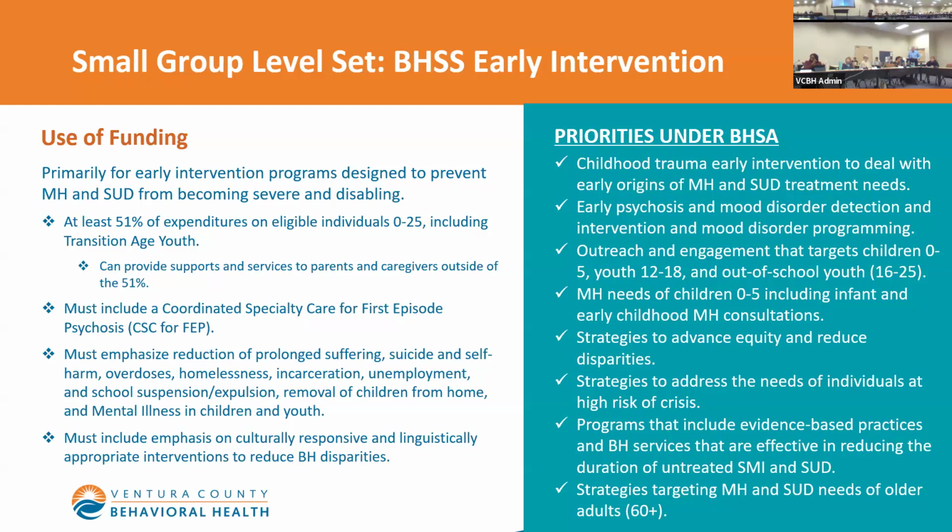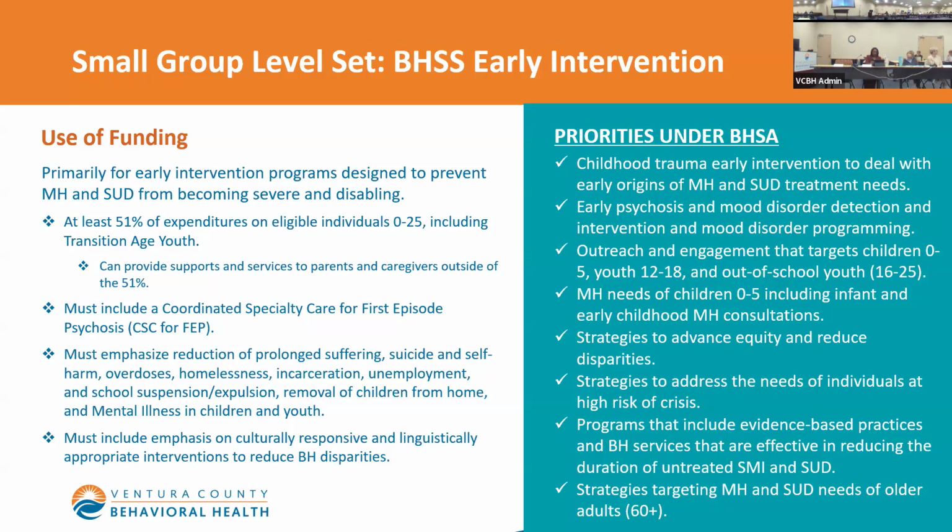So this category is not so intuitively obvious, right? This is about early intervention programs that prevent mental health and substance use disorders from becoming more severe and disabling. The assumption here is that there's already a behavioral health condition and now we're trying to arrest it or stop it from getting worse.